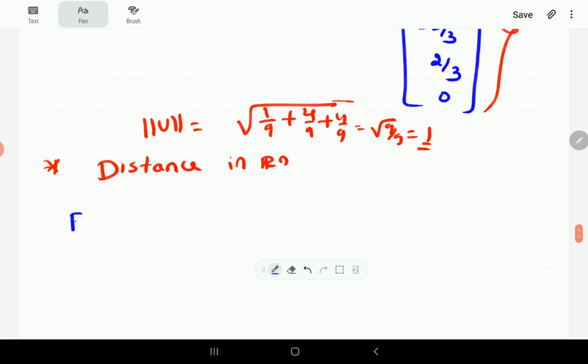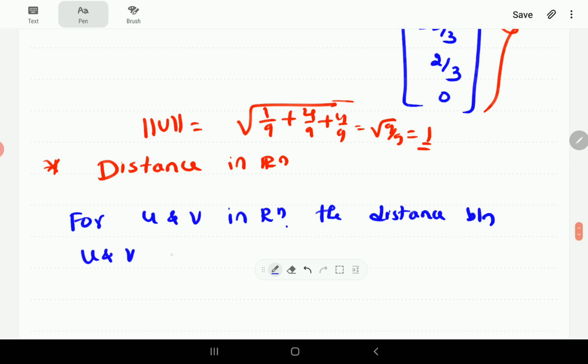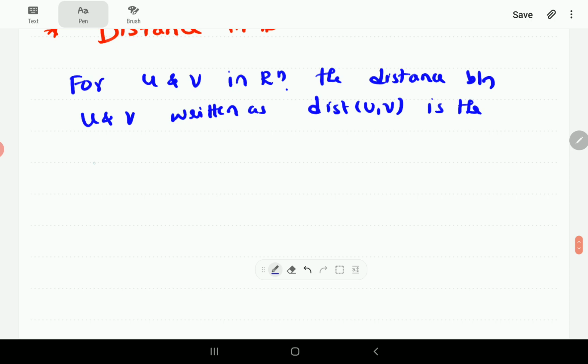The definition says, for vectors u and v in Rn, the distance between u and v, written as distance of u and v, is nothing but the length of the vector u minus v.